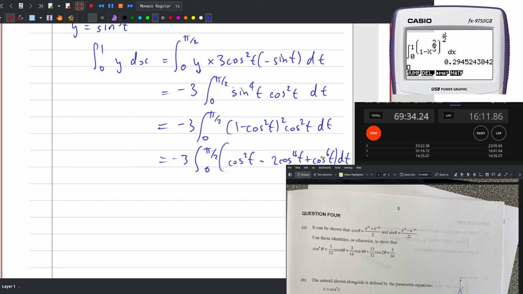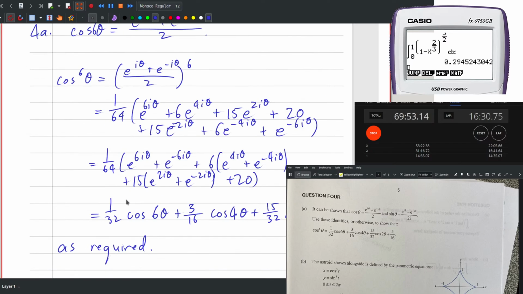Right, and okay, so we just need to do, because we know that cos squared t by double angle is equal to cos 2t plus 1 on 2, right? So cos 4t, and then we just need to use these identities. Yes.